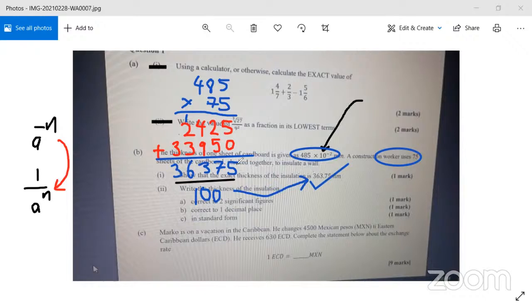So we're literally proving that if we multiply this number, this is, if we want to look at it another way, what they were asking us to do is multiply 4.85 by 75. Because if you multiply 4.85 by 75, you would still multiply 485 by 75.